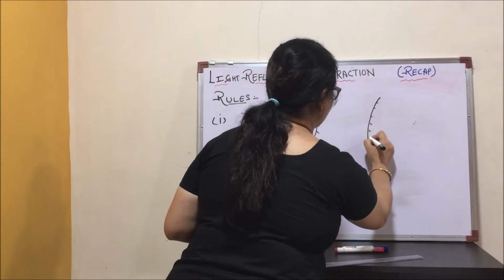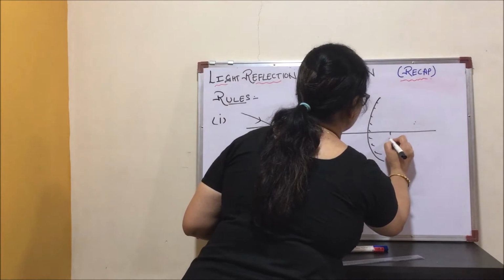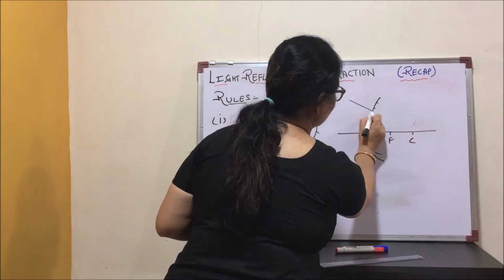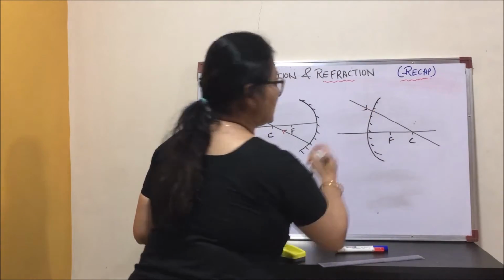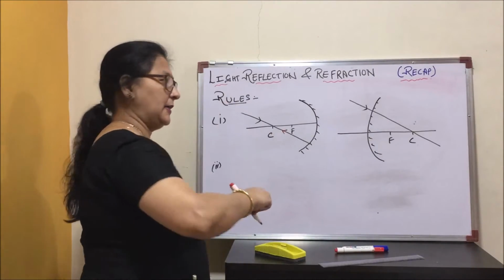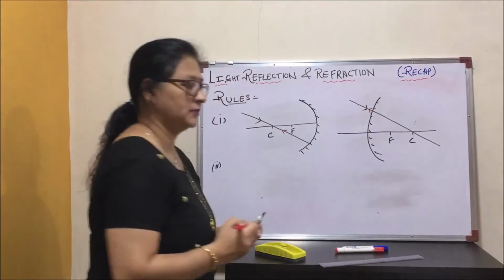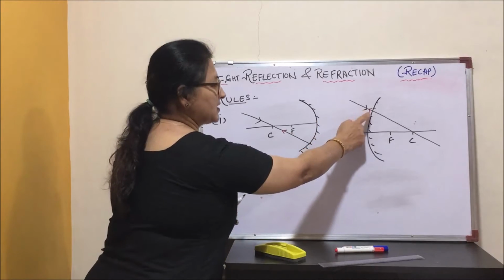This is the convex mirror, this is my F, this is my center of curvature. If a ray is passing through the center of curvature, this is my incident ray, so after reflecting back, it will take the same path. Clear, children? It is going to reflect from the surface.